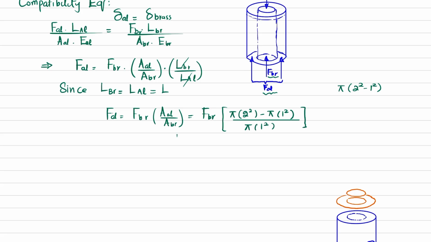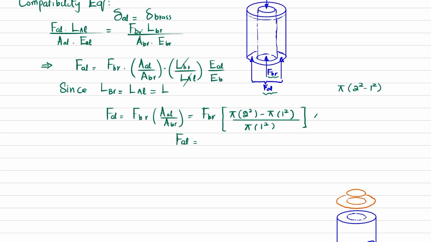When you solve this you will get F of aluminum will be equal to 2. One more thing I left is that here we also have E of aluminum divide by E of brass.